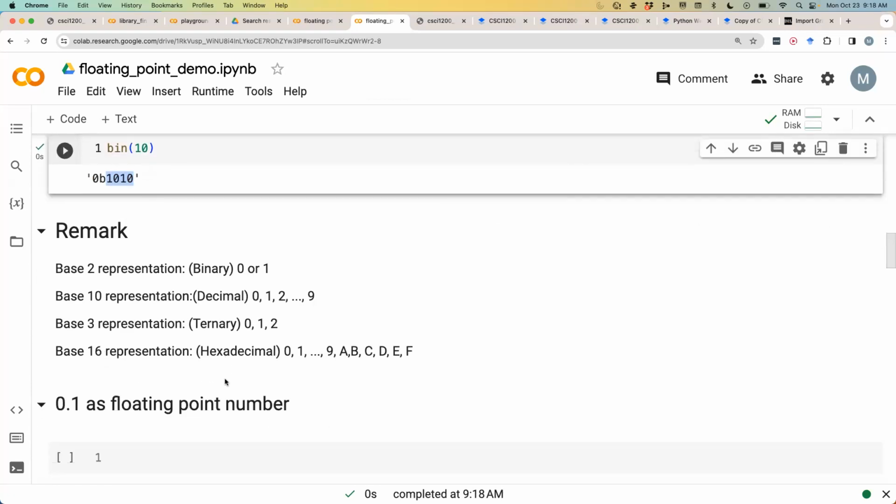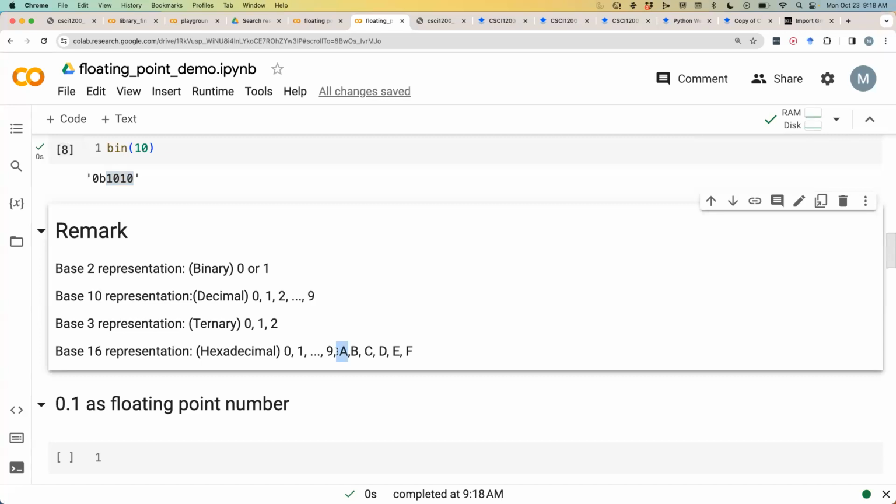So you will have a string 1010 as a binary string to represent 10. But it's four digits here. Instead, I can replace it by A. So it's just one alphabet.